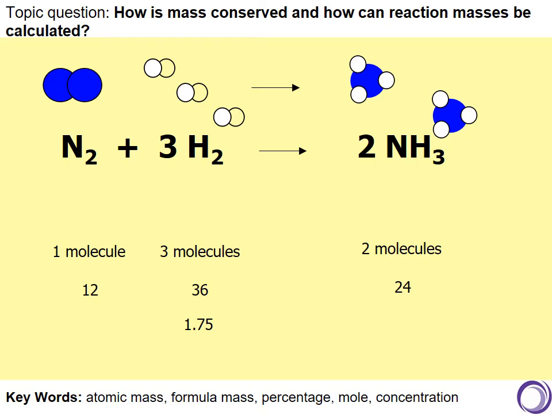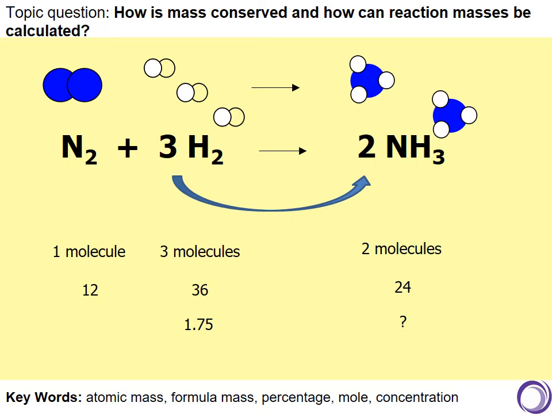So we need to be able to use this ratio 3 to 2. So I know that I've got 1.75 and I need to work out the moles of ammonia. So using this arrow, you can see that when I've got 3, I get 2.